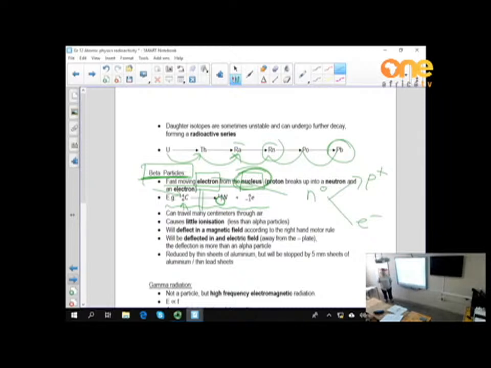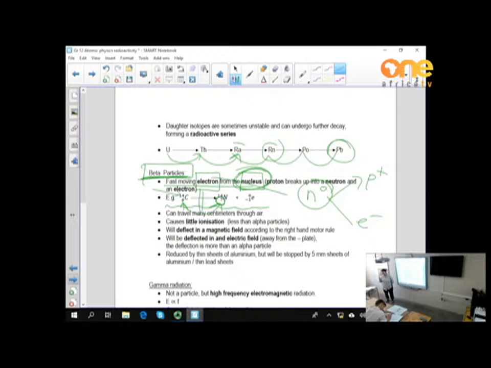Sorry. Okay. Yes, it's wrong. The neutron must break up, forming a proton and an electron, which means I will gain a proton. The atomic number will increase with 1.